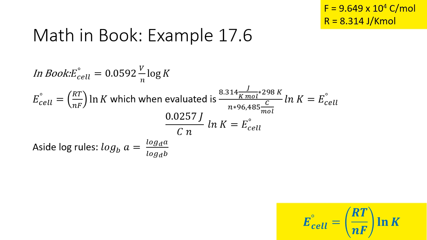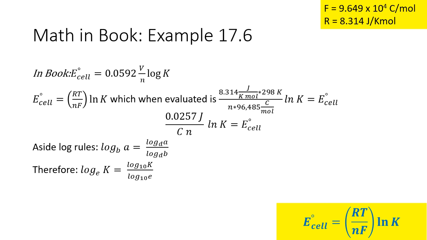So if you remember, our log rules say that if we want to change the base, log base B of A is equal to log base D of A over log base D of B. In this case, we're going from log base E of A to log base 10 of A. So we go ahead and do that.